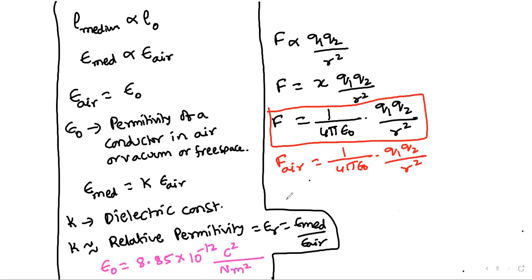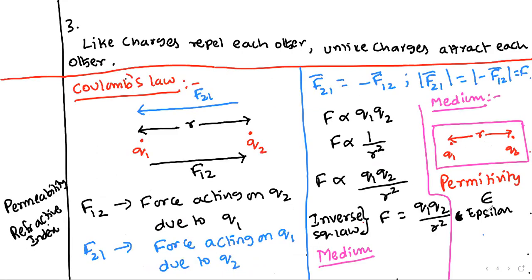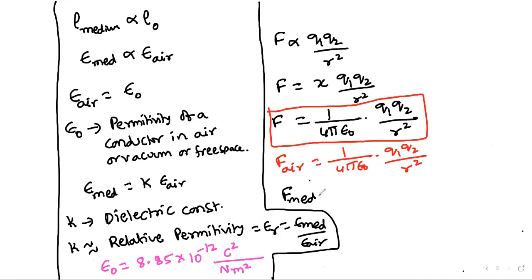Similarly, F medium, whenever the two charged particles are placed in a medium with permittivity epsilon. The values of the charges and the separation distance remain the same; the only variable parameter that changes is permittivity.